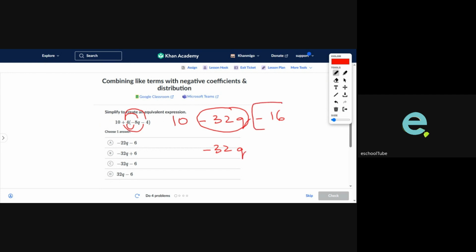Again, negative 16 and positive 10. If you add them, because one is positive, other is negative, they get subtracted. So 16 में से 10 minus किया तो negative 6. So C.